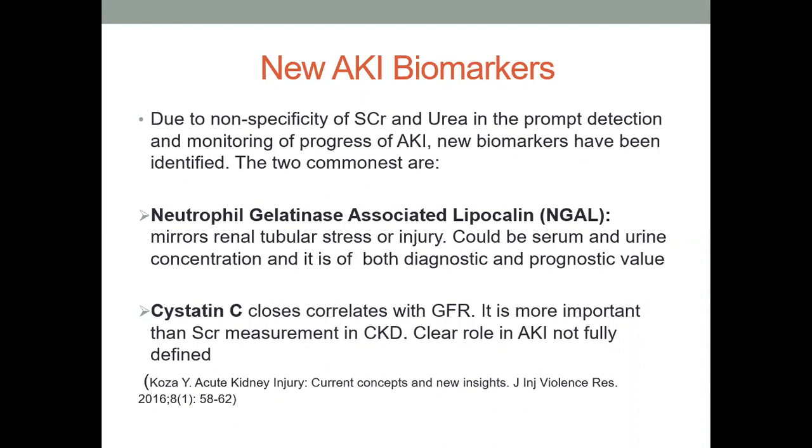And it's been said that it mirrors renal tubular stress or injury. You could assay for the serum or urine concentration, and both urine and serum concentration of this substance is both diagnostic and prognostic.